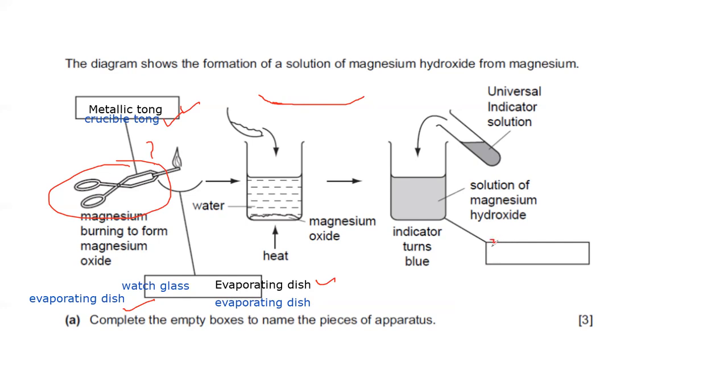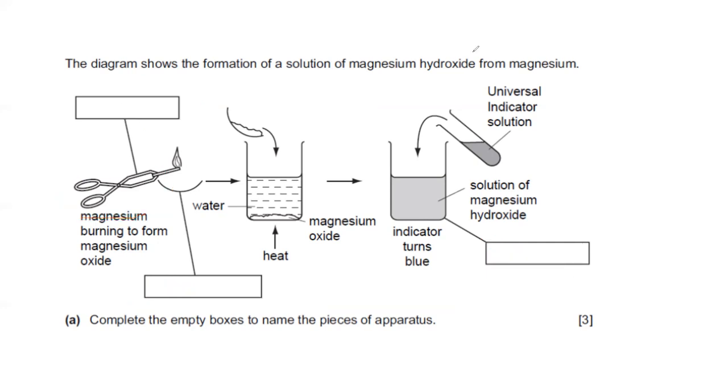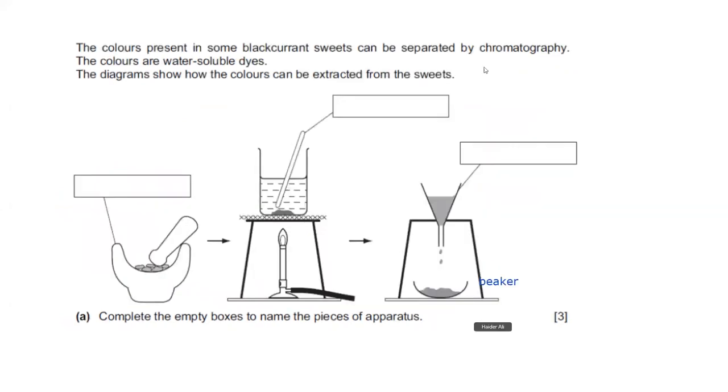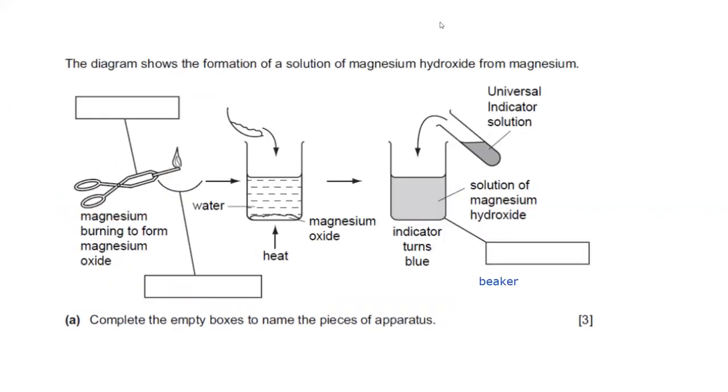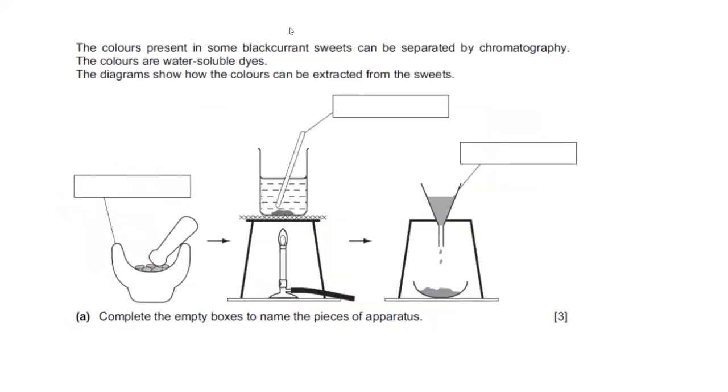What about apparatus C, box number 3? That's a beaker. Yes, Heather, that's the beaker. Okay. What about box 1? Only one of them you have to label because it is specified on this one.